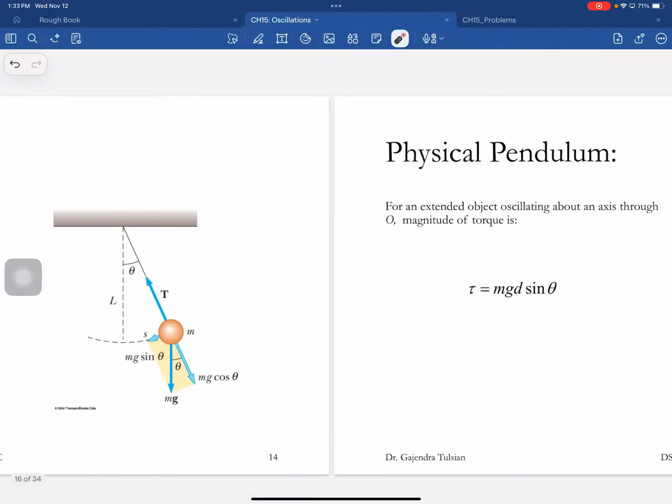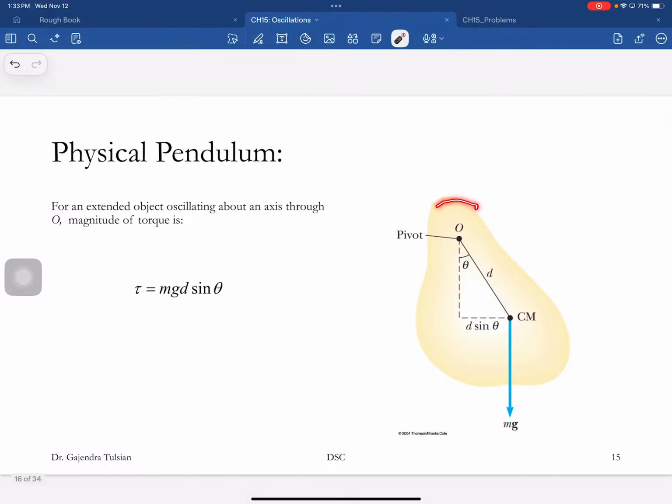All right, so here's a physical pendulum. You can take any object and pivot it about a point which is not through the center of mass. So you pivot it about that point, you disturb it, and it'll oscillate back and forth. The restoring torque is mg, that's the weight, times the moment arm.